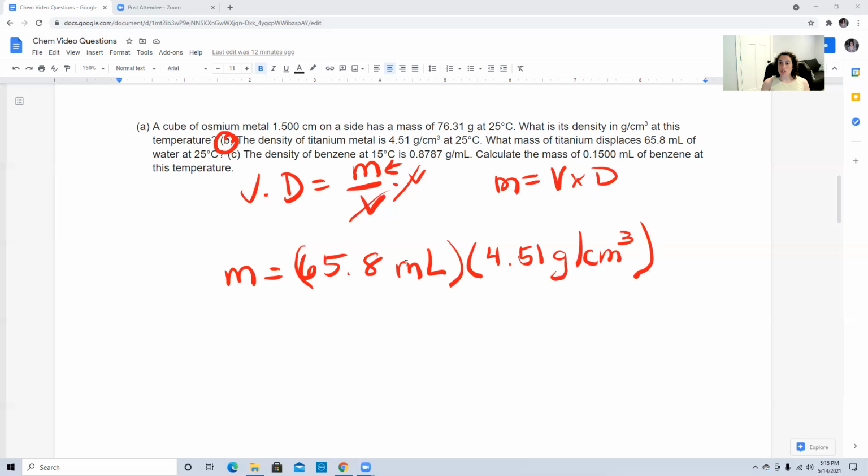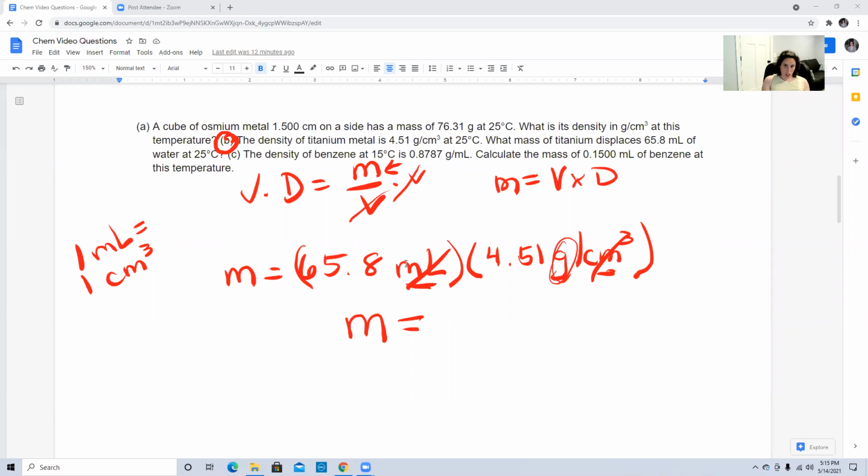Okay, now there's a little bit of an issue on the labels here. We have milliliters for volume and centimeters cubed for volume, but I will let you in on the greatest secret of all chemistry. 1 milliliter is equal to 1 cubic centimeter. So they will actually cancel out. So milliliters, milliliters, and then we'll be left with just grams, which makes sense because we're looking for a mass.